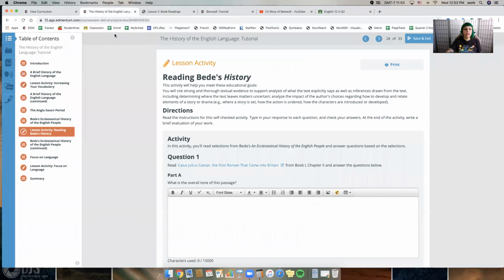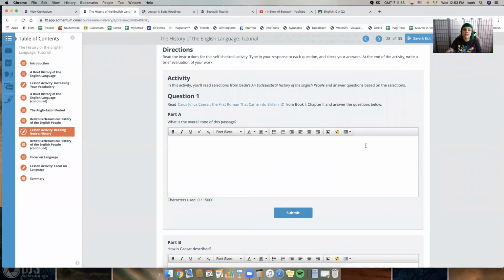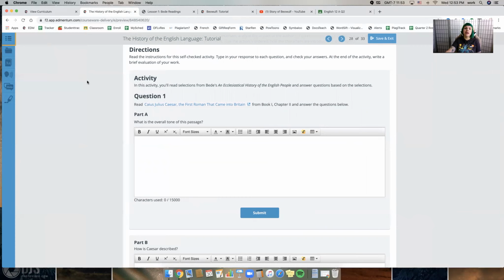So, what are we doing? In this activity, we're going to read selections from Beattie's An Ecclesiastical History of the English People and answer questions based on the selections. So first, we're going to read Julius Caesar, the first Roman that came into Britain, from Book 1, Chapter 2, and answer the questions below.